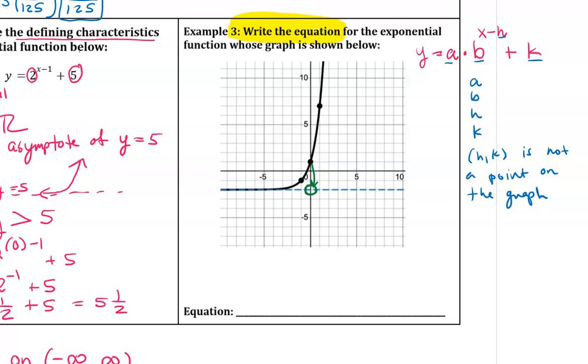So some of you might choose to use this point as hk, some of you might choose to use that point as hk. Either one is fine. Your equation would look different, but actually would simplify out to be the same. For this lesson, I'm going to go ahead and use this point right here. It's on my asymptote. So that is one thing about hk. hk is a point on the asymptote. And it's got to be directly below one of the other points on the graph.